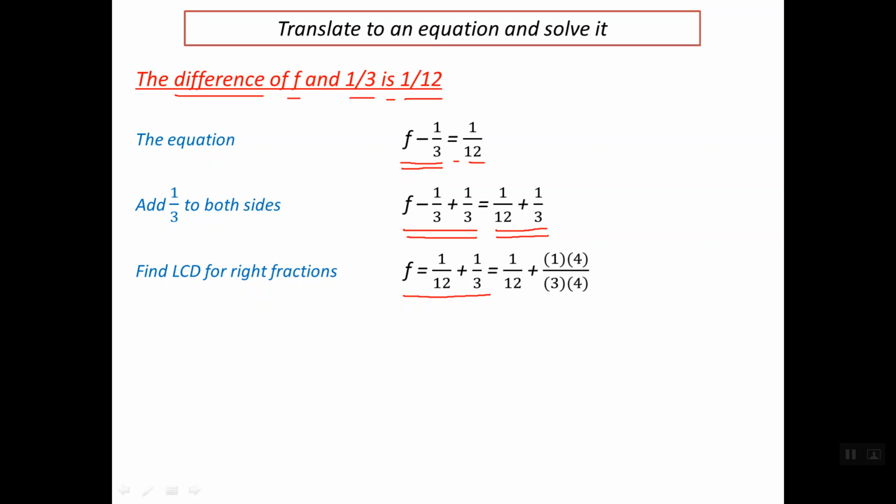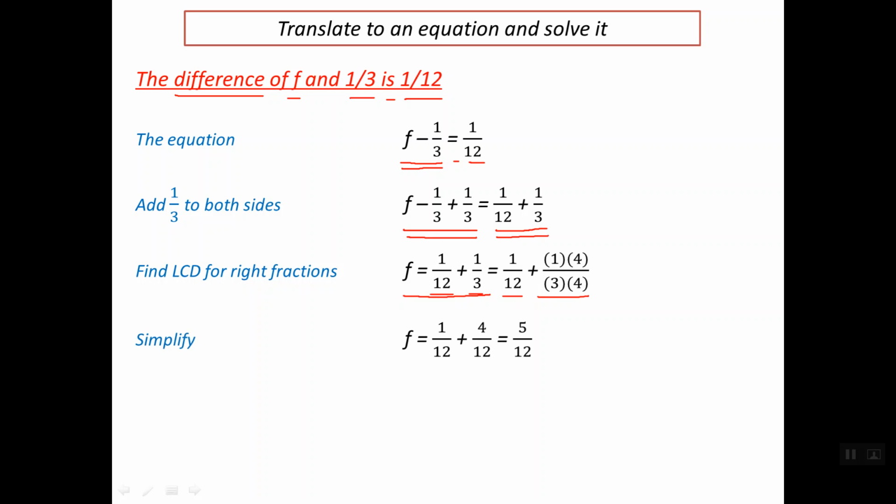So we need to make the denominator common. The least common denominator for 12 and 3 is 12. So the first fraction stays as it is. For the second fraction, we need to change the 3 to 12, so we multiply by 4. The first fraction is 1/12, and for the second fraction, multiplying both numerator and denominator by 4, we have 1 times 4 divided by 3 times 4.